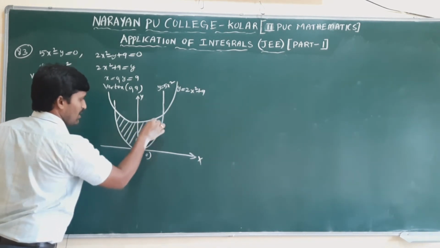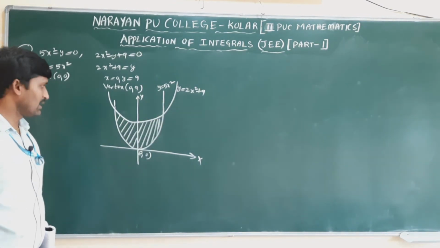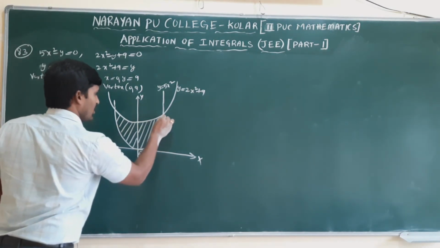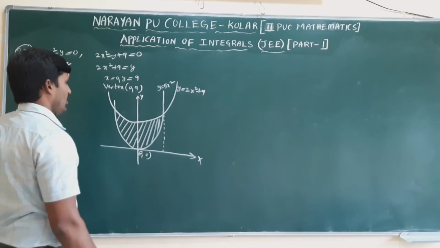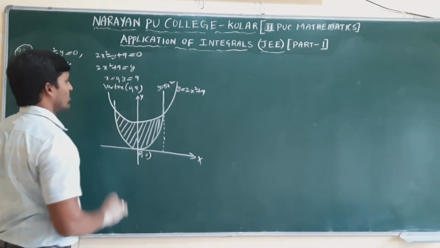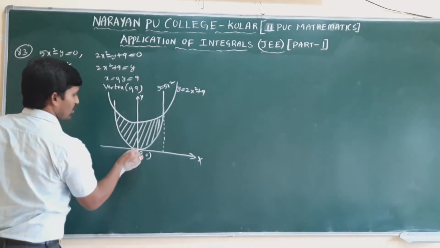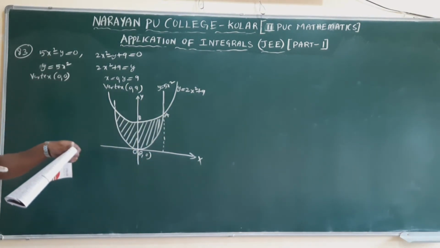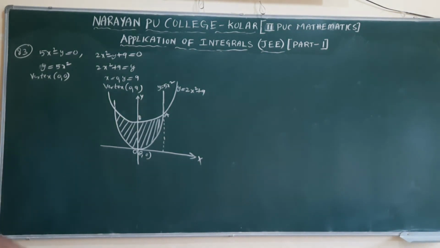Both parts are required, but one part is symmetric with the other. Now, where these two intersect, we don't know the exact points. We need to find them. One region is O, A, B, and I'll make it double, because they're asking for the area inside one parabola and outside the other.